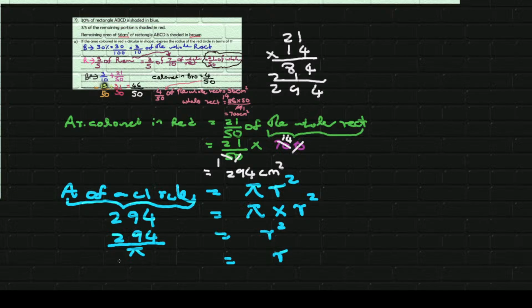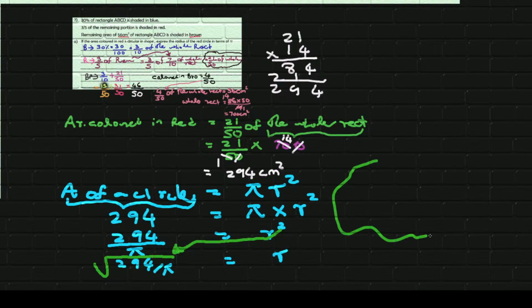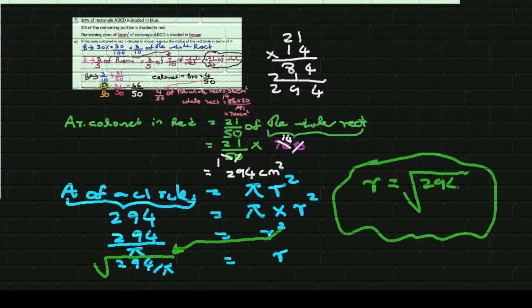So it's 294 over pi. The square goes to the other side, and it becomes the inverse of square. What's the inverse operation of square? That is square root. So what is r's value? r is the square root of 294 divided by pi.